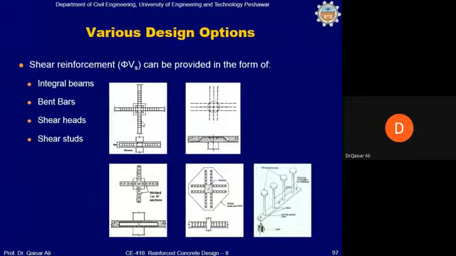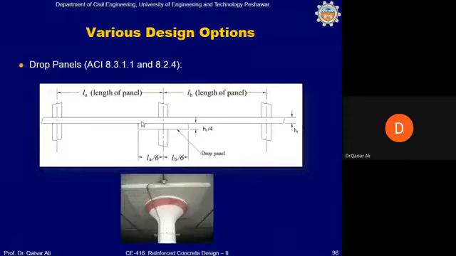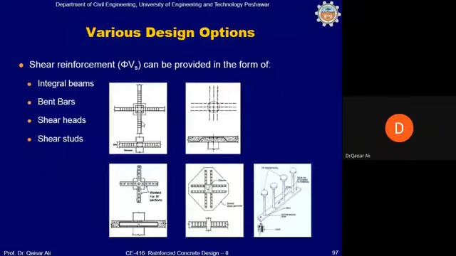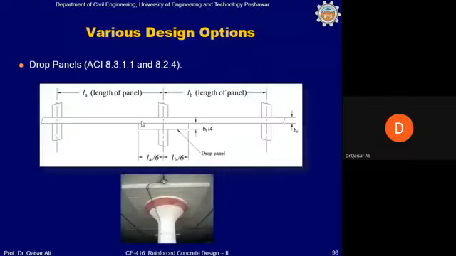Then, okay. If you want to provide a drop panel, then there are requirements for the drop panel as per the ACI code. According to ACI code 8.3.11.1 and 8.2.4, there are 2 requirements. One of the requirements is that the size of the drop panel should be at least L/6 in both directions, L/6 from the center of the column.